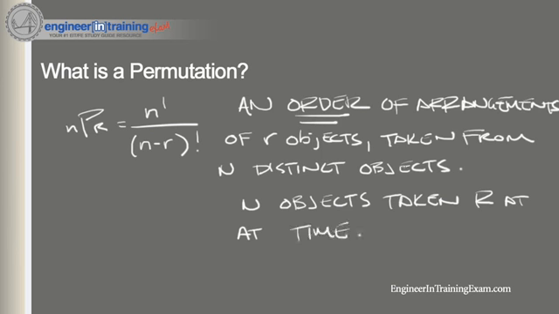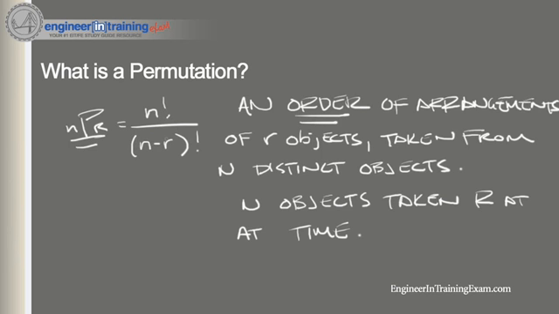That might look a little confusing, but in equation form you can just note that the permutation of n objects taken r at a time is equal to n factorial divided by n minus r factorial.